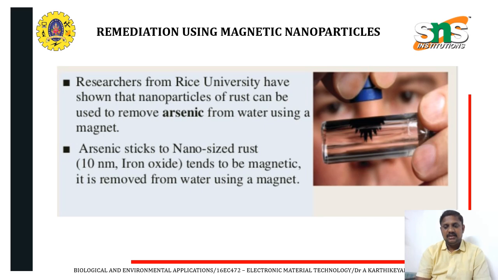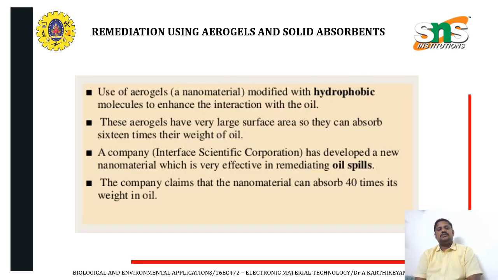It's the main application. And also mainly used are aerogels, nanomaterials modified from hydrophobic molecules and enhanced for use with oil. Aerogels have a very large surface area, so they can absorb 16 times their weight of oil.